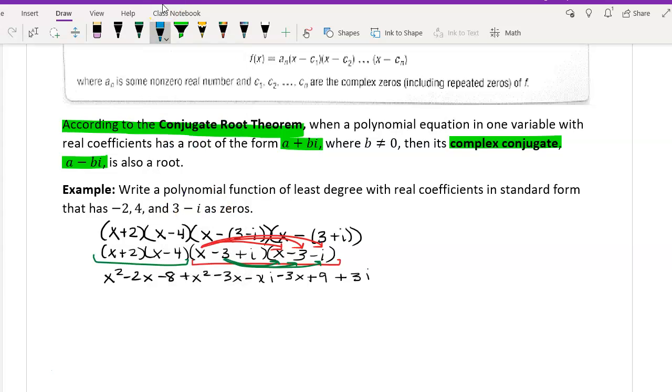All right, so now we have to do i times x, or my apologies, xi, real part before imaginary. i times -3 is -3i. And i times -i is -i squared.